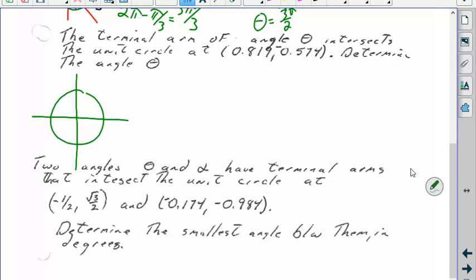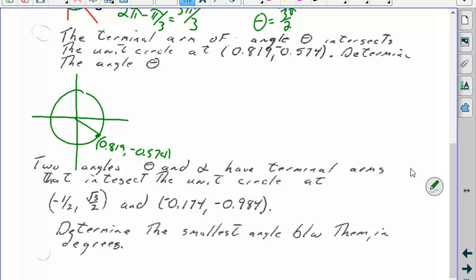They're going to be down here somewhere, because we have to be in quadrant 4, positive x, negative y. What is the angle theta?